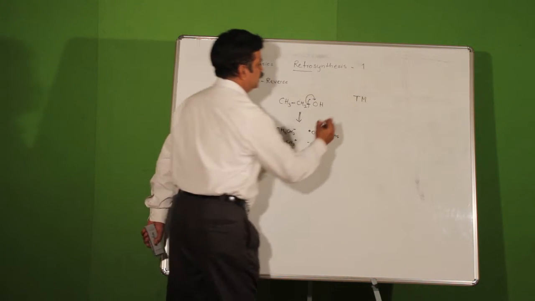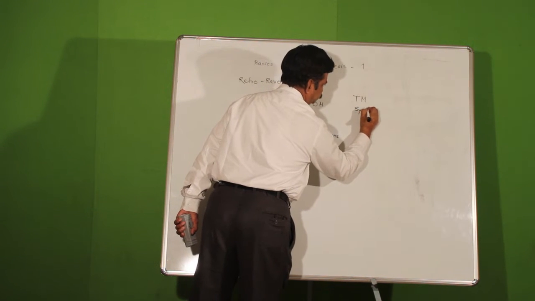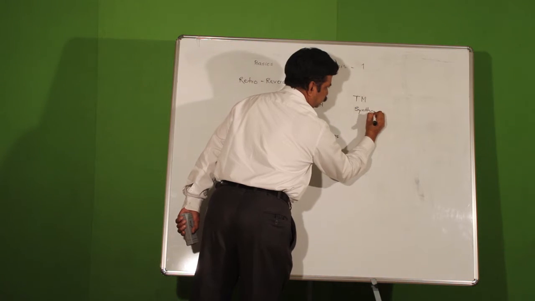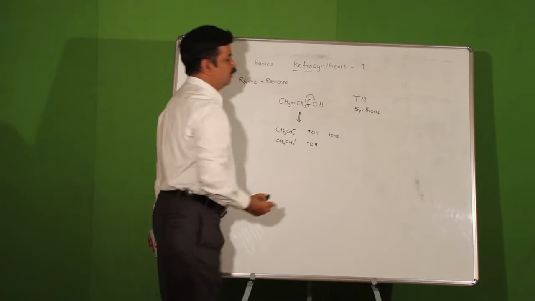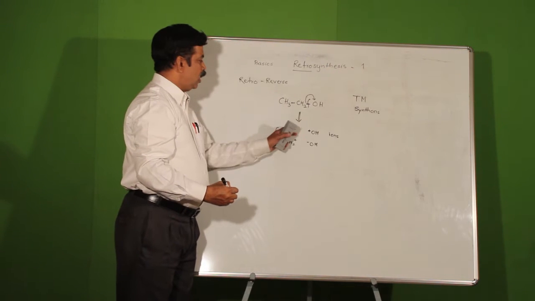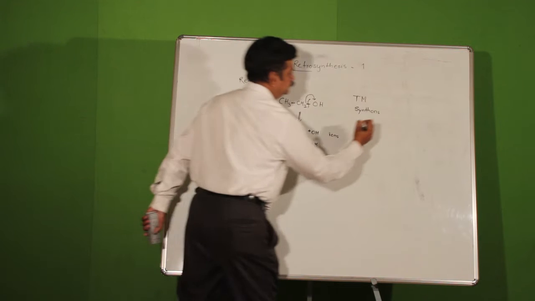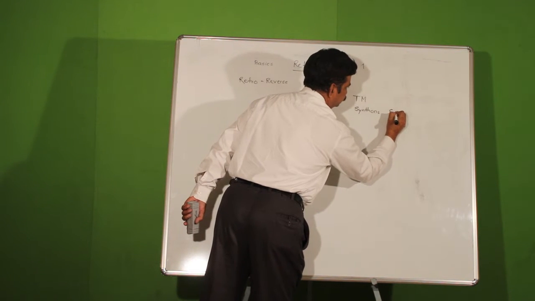These ions are called as synthons. Every breaking of a sigma bond gives 4 ions or 2 ion pairs, that is synthon pair.